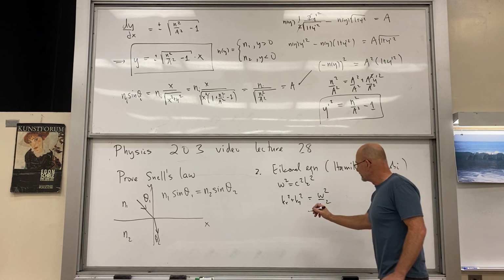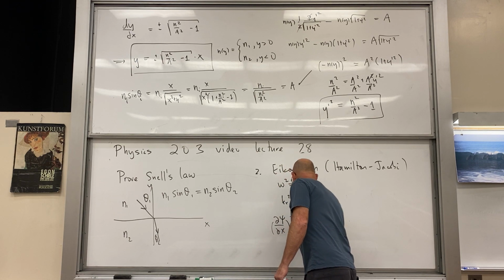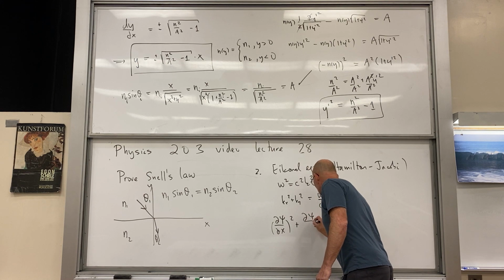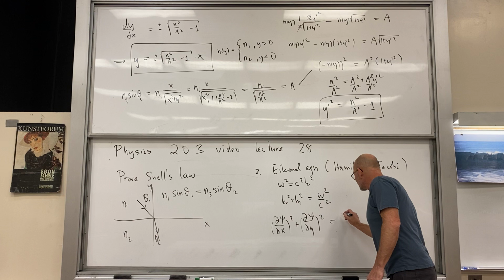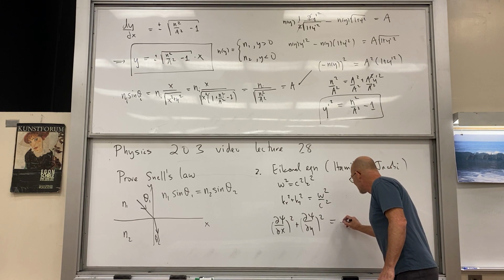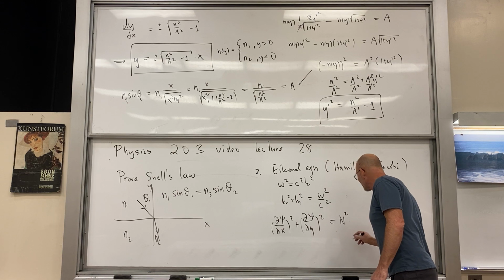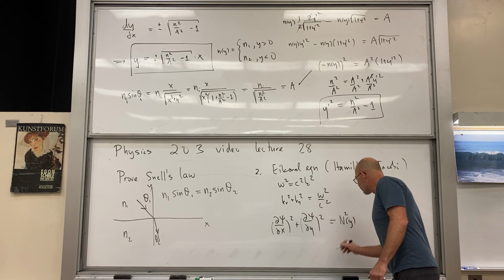And then we had dc/dx squared plus dc/dy squared was equal to this omega squared over c squared, which I named n squared of y.